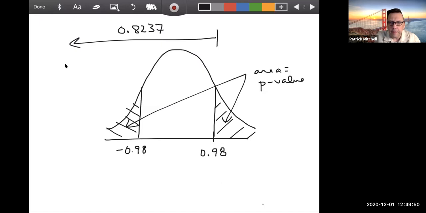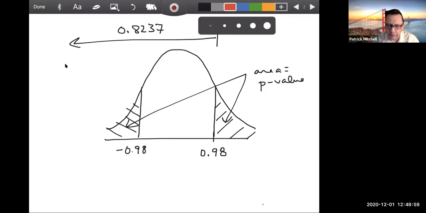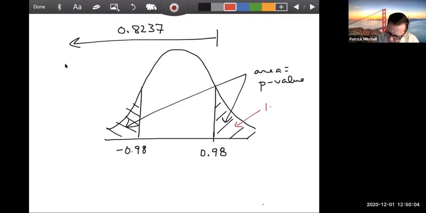So in this case, since the area to the left of 0.98 is 0.8237, that means the area to the right of 0.98 is 1 minus 0.8237, which is 0.1763. Okay, so that area over there is 0.1763, and this area here is also 0.1763.